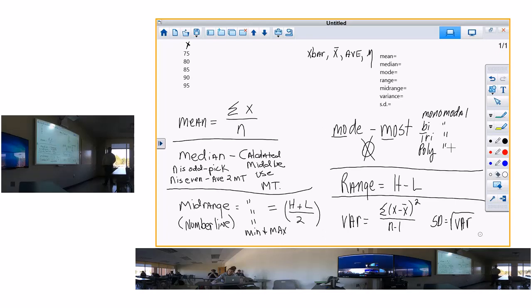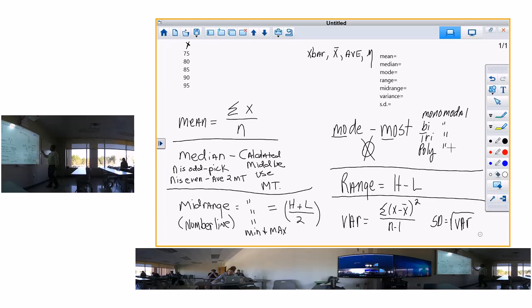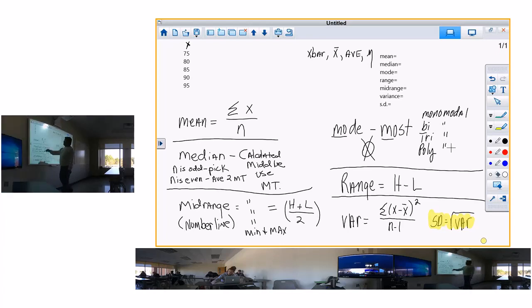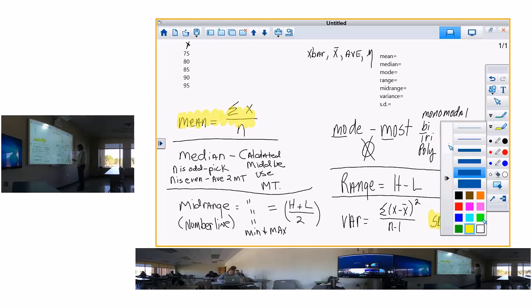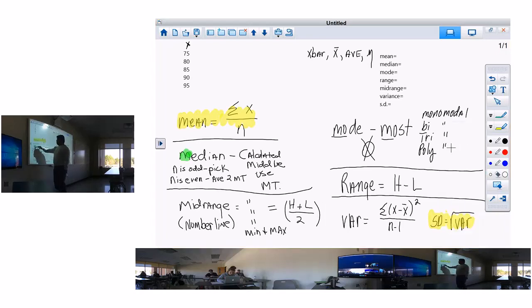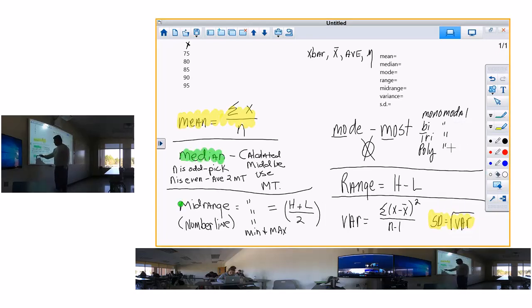Now, the two most important numbers are the standard deviation and the what? Mean. Okay? Along with those two, the secondary most important numbers, in other words, these are all the ones you need to look at, but those two are most important, is your median and your what?